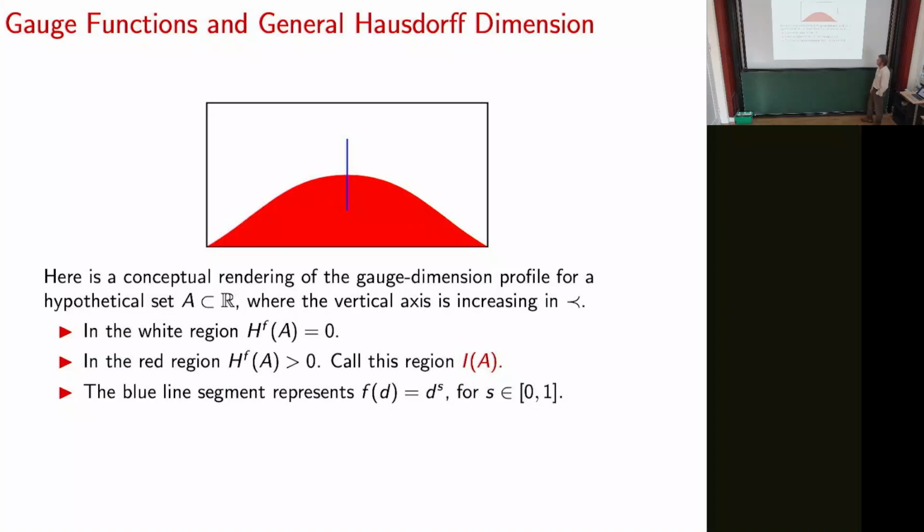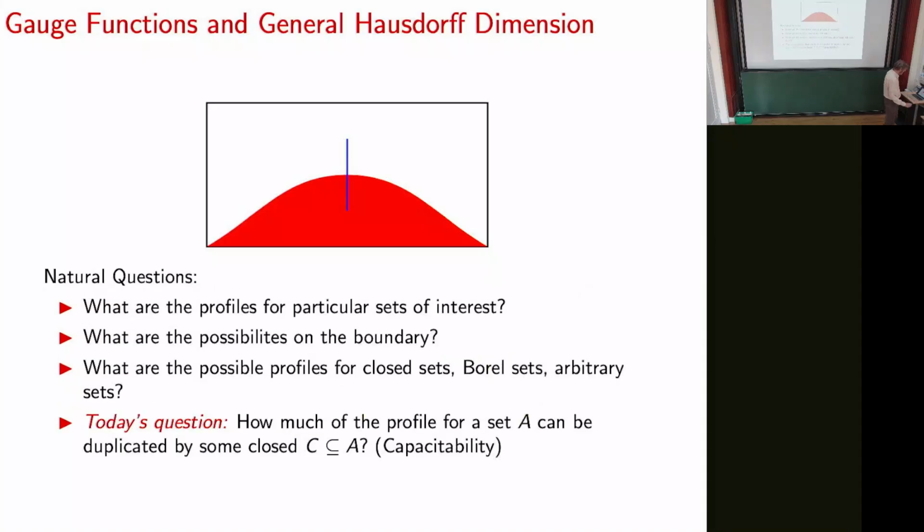There it is. Okay, so if you're trying to understand what the possibilities are here, there are lots of natural questions you could ask. Let me write down a couple of questions here. All natural questions. Well, suppose we have particular sets. What is their profile? So you could look at interesting sets that come up for other reasons, and try to figure out what's the size of that set in this finely calibrated sense.